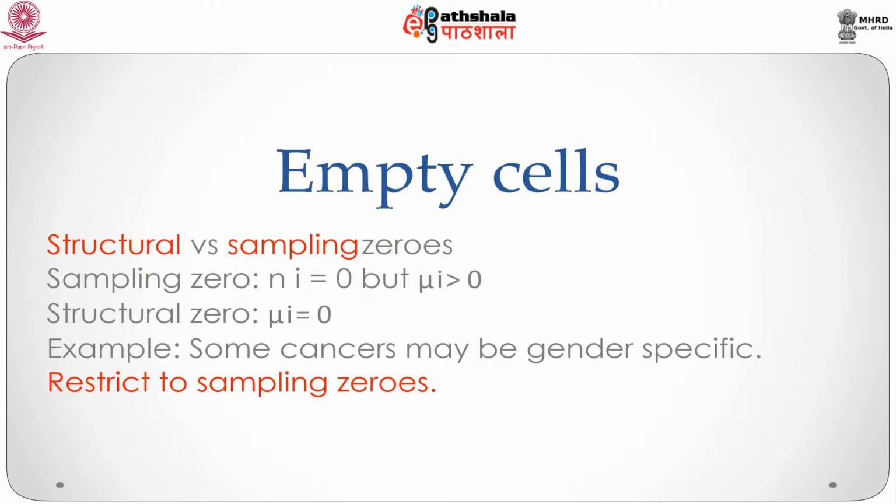sampling zeros. Sampling zeros are a normal part of the data set. A count of 0, for example, is quite permissible under a Poisson or a multinomial variate. Sampling zeros are more common than structural zeros.